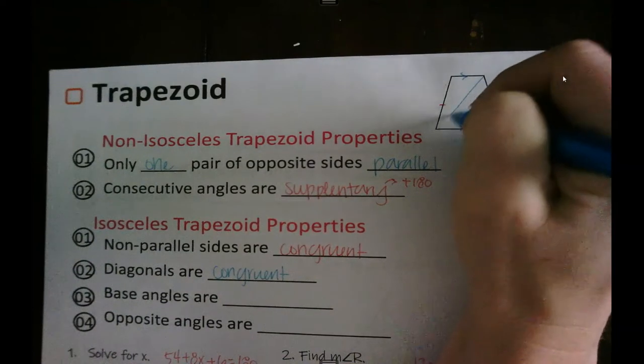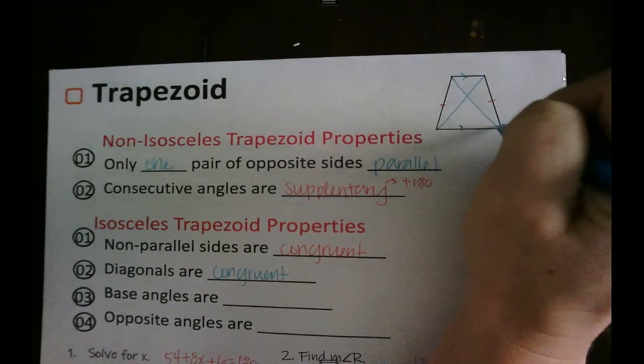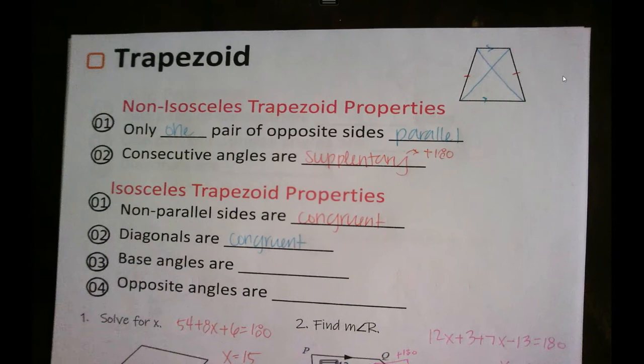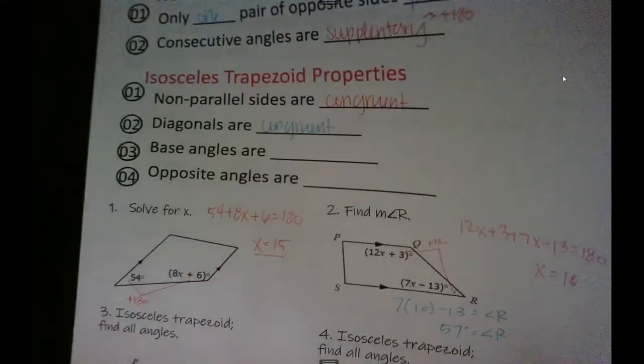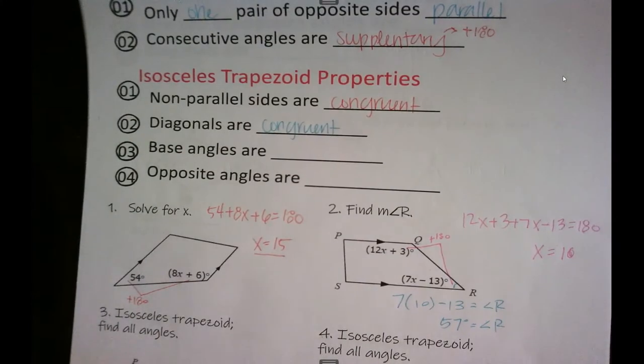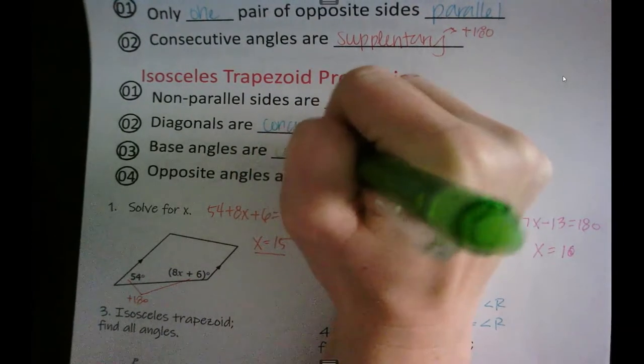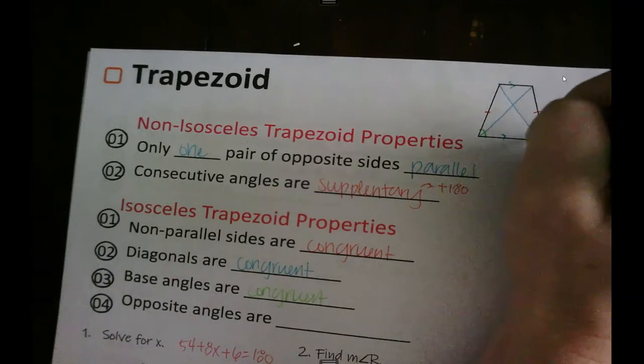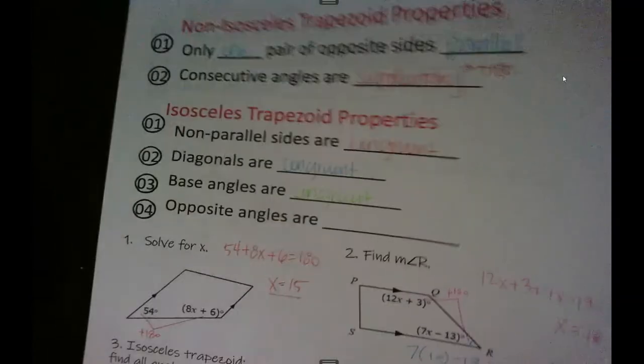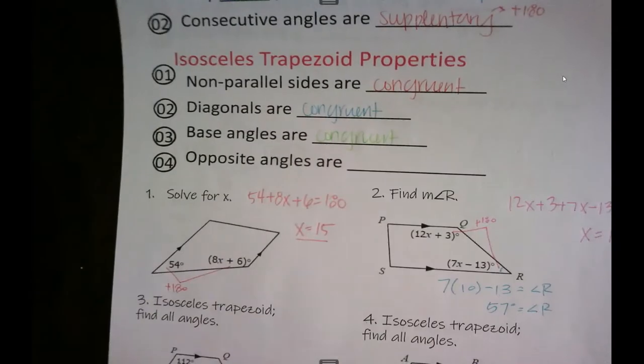That doesn't look very congruent, but nothing is drawn to scale here. Our base angles are going to be congruent. Base angles, meaning these two right here. We'll look at that in examples better.